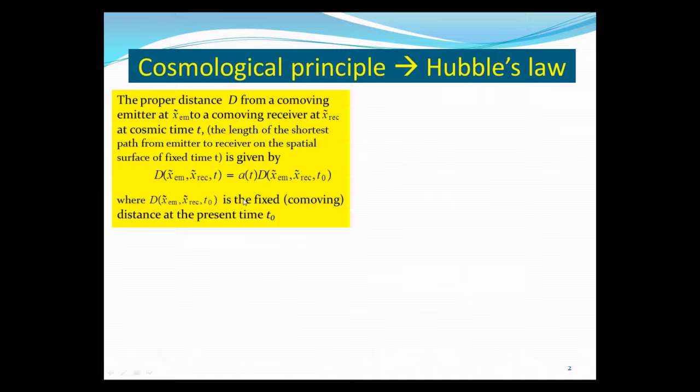So on the right-hand side, this d is a fixed co-moving distance at t naught.